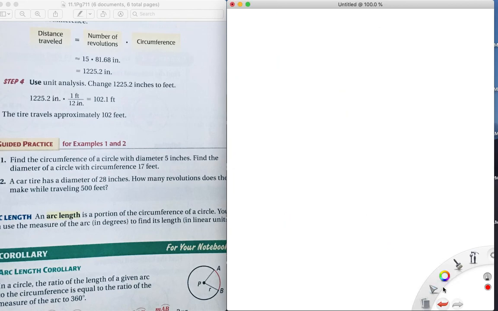The next thing the book talks about is that of an arc length. It says that the arc length is a portion of the circumference of the circle. We talked about it in chapter 10 using degrees. There are actually two ways to measure arc length. We can measure arc length in units, and by units I mean feet, inches, meters.